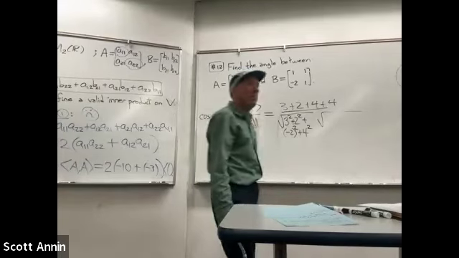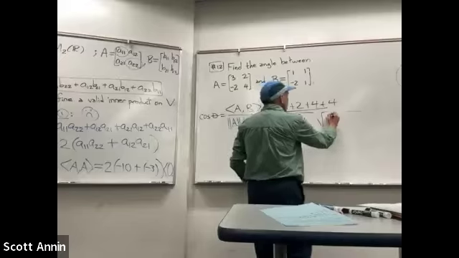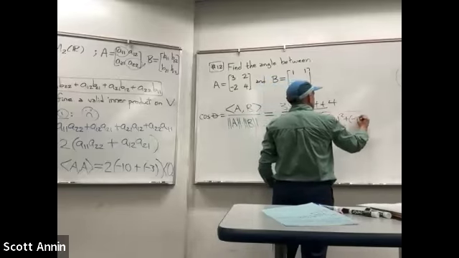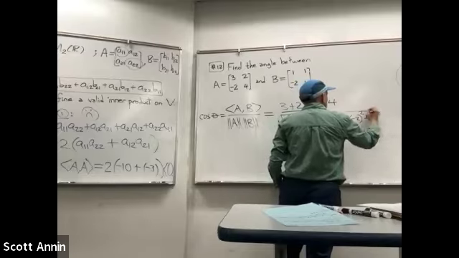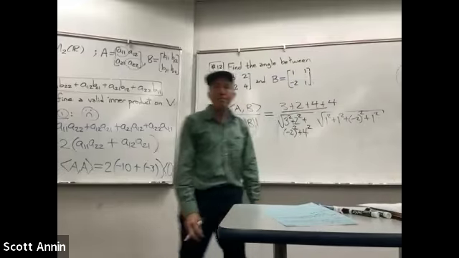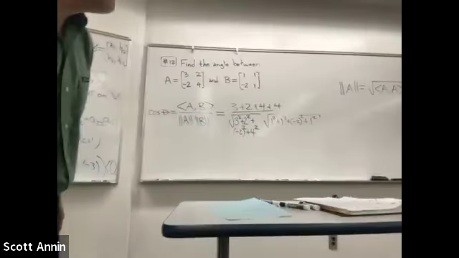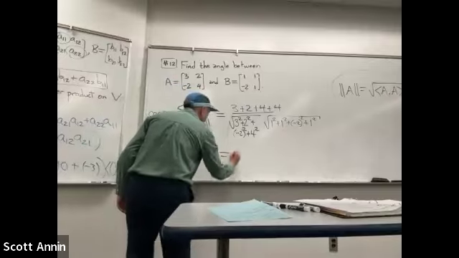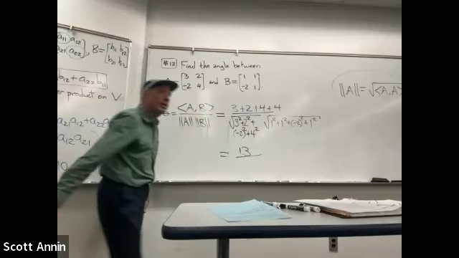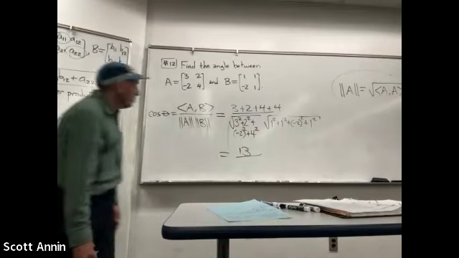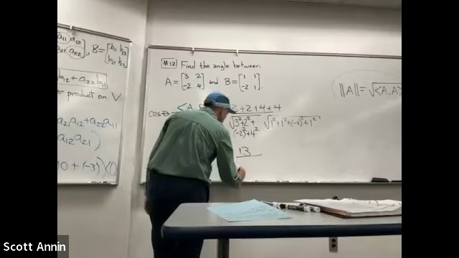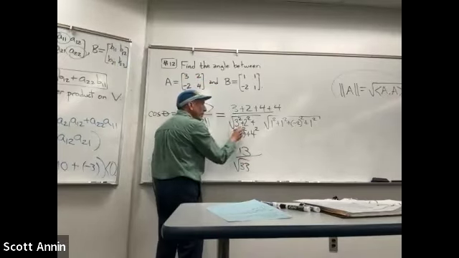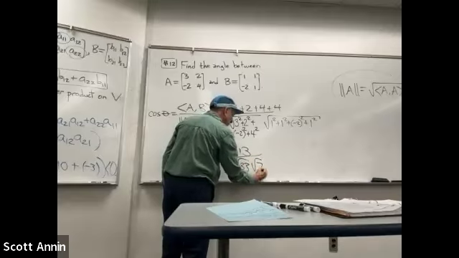And the second one is just 1 squared plus 1 squared plus -2 squared plus 1 squared. These are just numbers now. 13 on top. And on the bottom, I think this is the square root of 33 here, and this one is just the square root of 7.